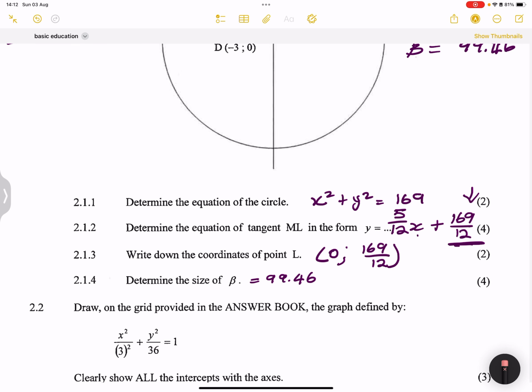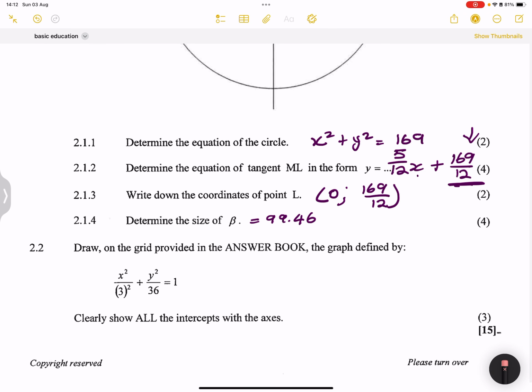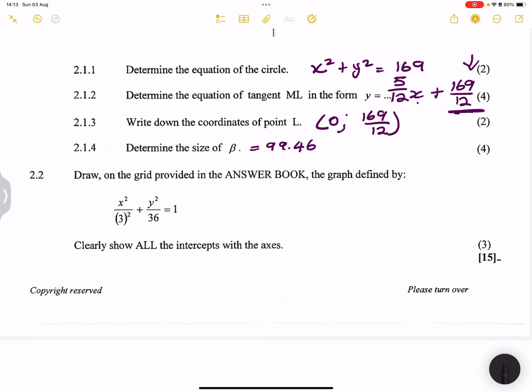And then the last question, they say to us, draw on the grid provided in the answer book the graph defined by. Okay, so you've got this graph, which is x squared over 3 squared, and you've got y squared over 36, which is equal to 1. All right, so to draw this kind of graph, we would need to do two things.